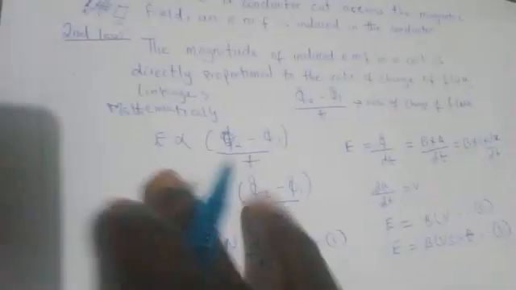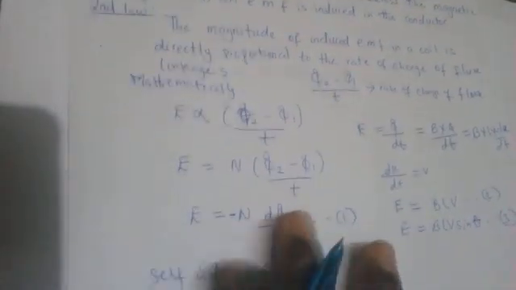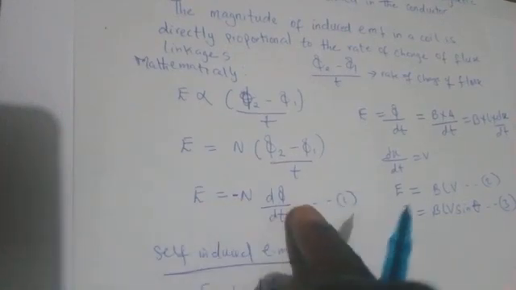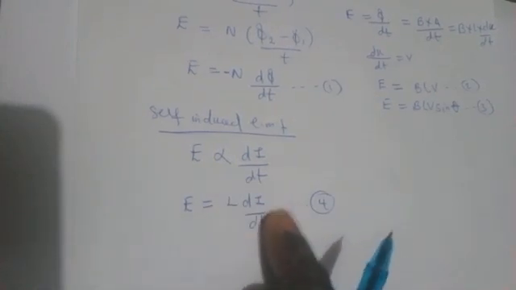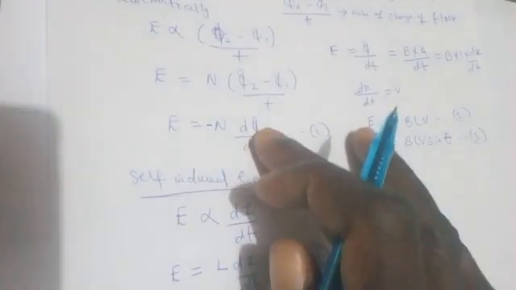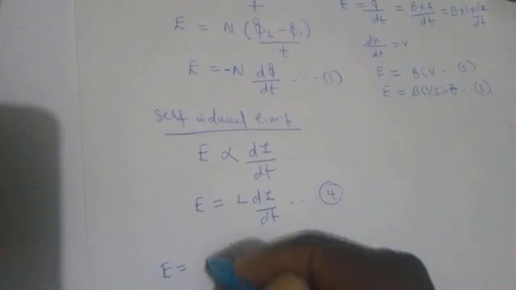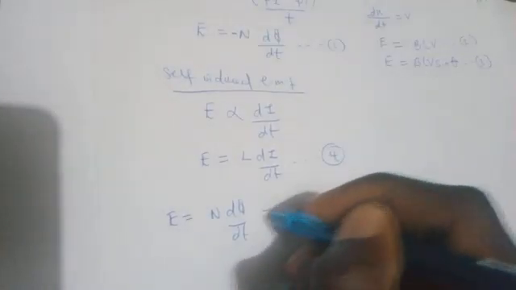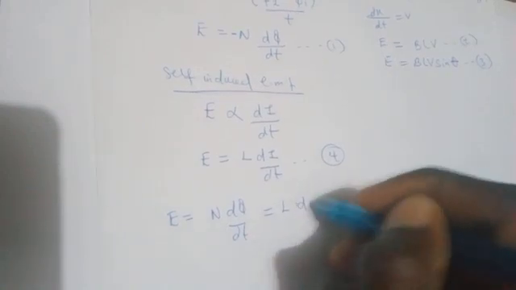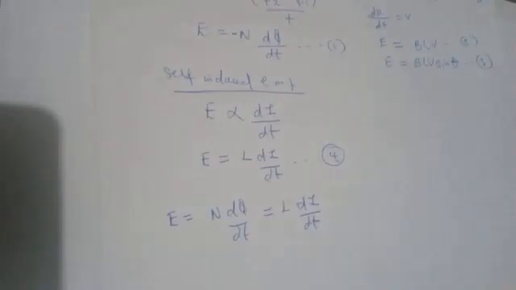Now, recall that I told you that the EMF induced is proportional to the rate of change of flux, and now it is directly proportional again to the rate of change of current. It means I can equate this and this. Then we say E is equal to N d phi over dt, and is equal to L di dt.